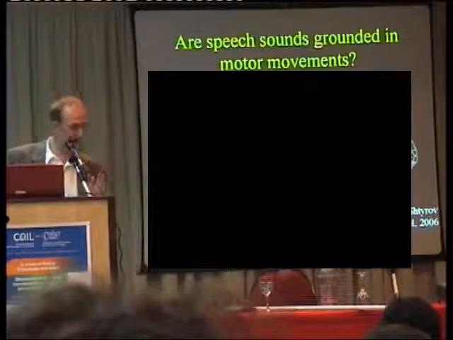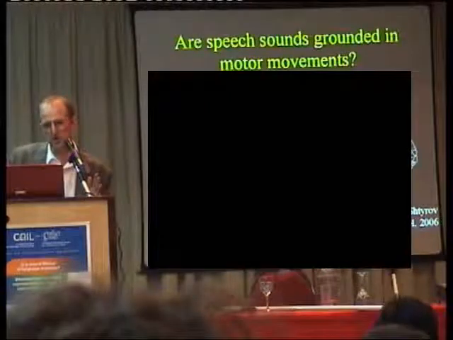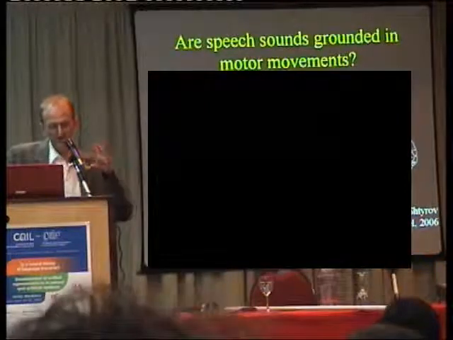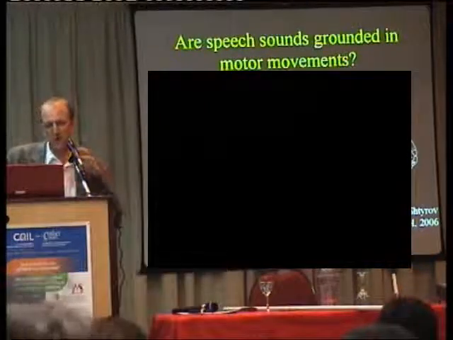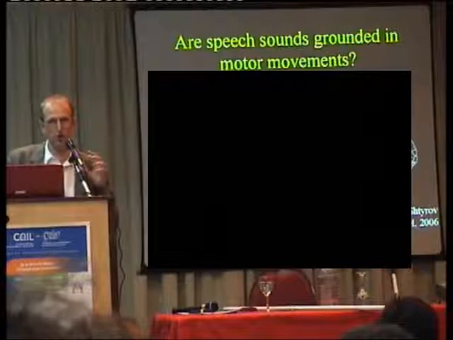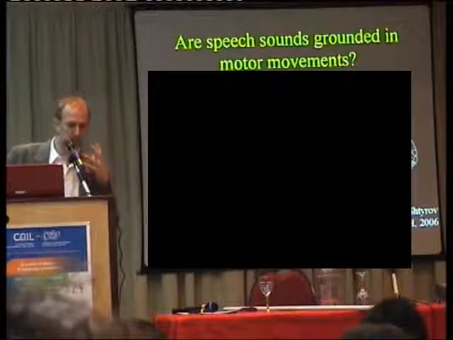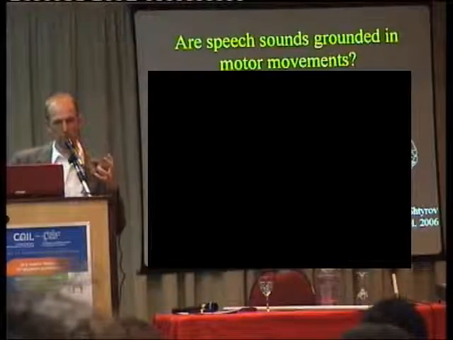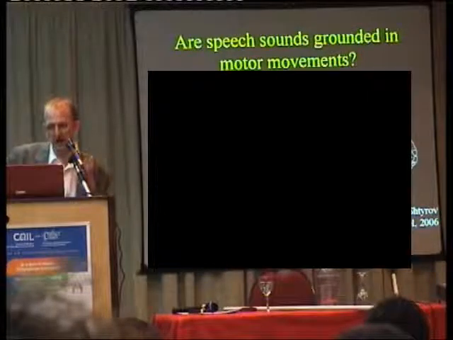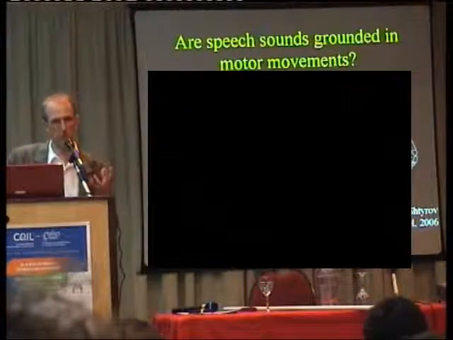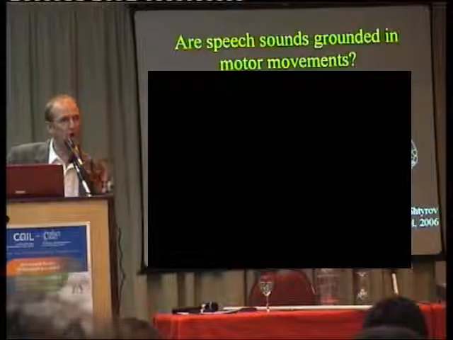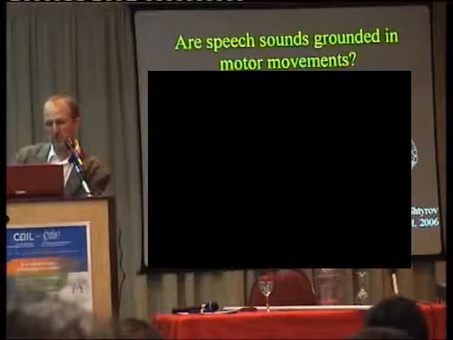So taking seriously the somatotopy of the motor system, we would predict a different activation along the motor strip when we produce a P and when we produce a T. But perhaps if the perceptual networks link up with the motor networks in speech perception also, then we would expect that such differential activation in the motor cortex, or premotor cortex and precentral cortex, would be visible even if we only hear syllables including P's and T's.